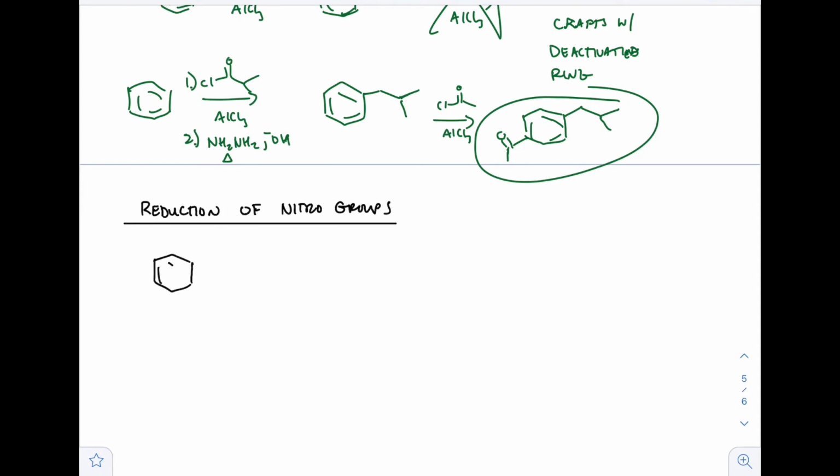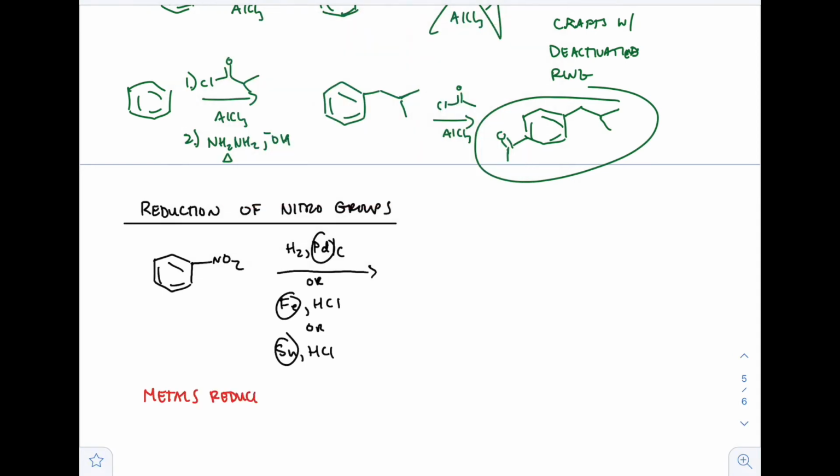the last reaction in this particular chapter is the reduction of nitro groups. And this is pretty straightforward as well. We don't need to know a mechanism. We just need to know the reagents: H2 and palladium on carbon, or iron and HCl, or tin and HCl will reduce that NO2 group to an amine.